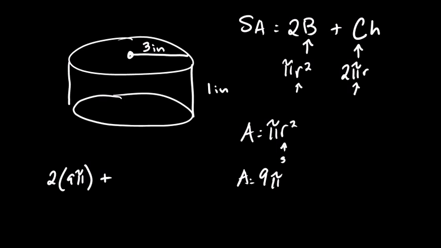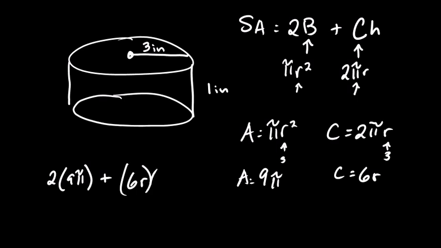The circumference, I still need my C equals 2 pi r, and the radius is 3, so that means that the circumference is 6 pi. So I'm going to have 6 pi, and what is the height? 1. The 1 is the height of the cylinder.